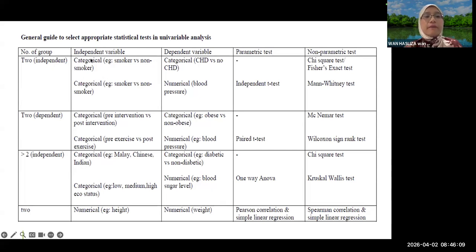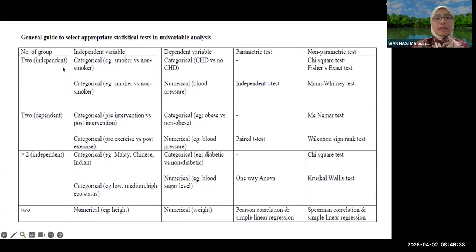If I have categorical data, for example, I have only two groups, smokers versus non-smokers. I have one smoker group, the other is a non-smoker group. For my dependent, I want to see which of the smokers or non-smokers will develop coronary heart disease or no coronary heart disease. So my dependent is also categorical.